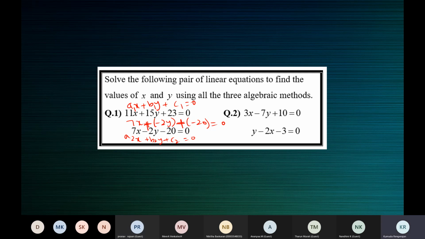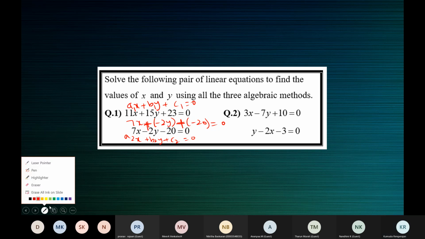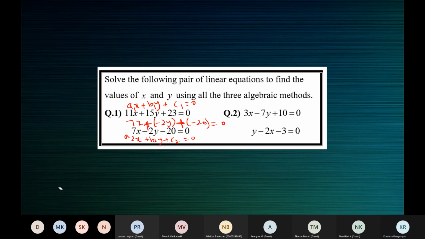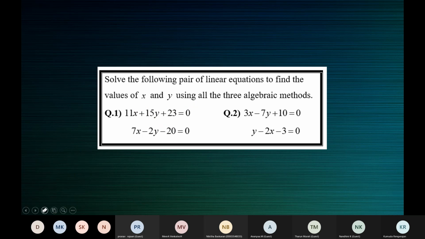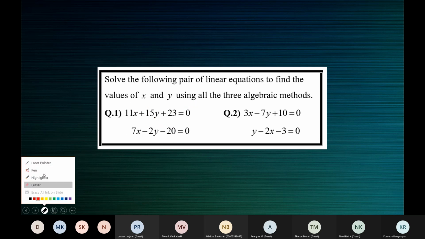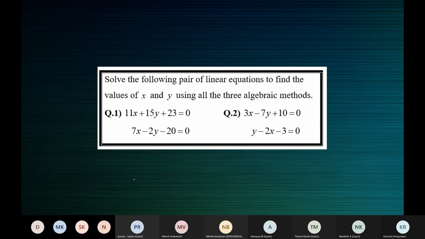So clearly the value of A2 is 7, B2 is -2, and C2 is -20. Okay. Well, actually, let's first see the elimination method.